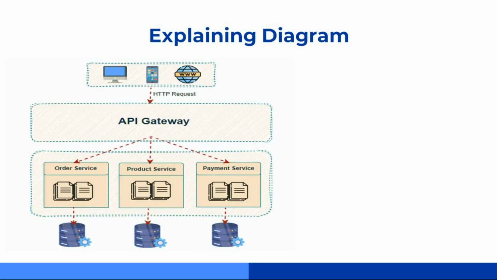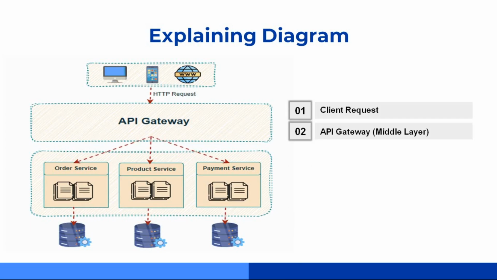Now, have a look at the picture where I've placed the API gateway in front of all three microservices. First, we'll understand the role of the API gateway, and then we'll break down the key components of it. So suppose the client is sending a request to any one of the services. For this example, imagine the client is sending a request to the order service.